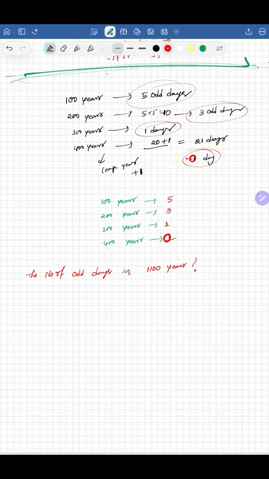Simple thing, right? 400 plus 400 plus 300 together how much? 400 years plus 400 years plus 300 years, then total 1100 years, right? In 400 years how many odd days are there? 0. In 300 years how many odd days are there? 1. So final answer is 1 odd day only.